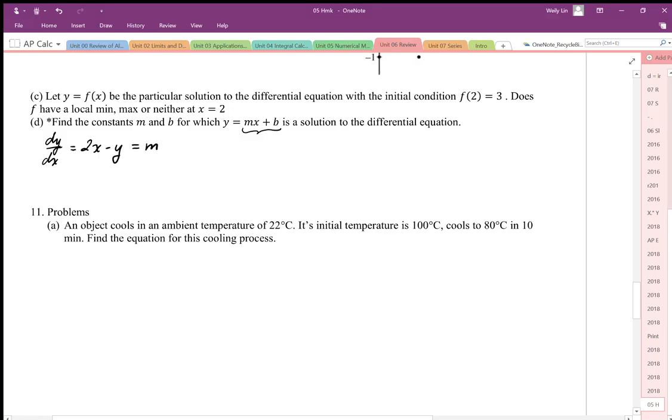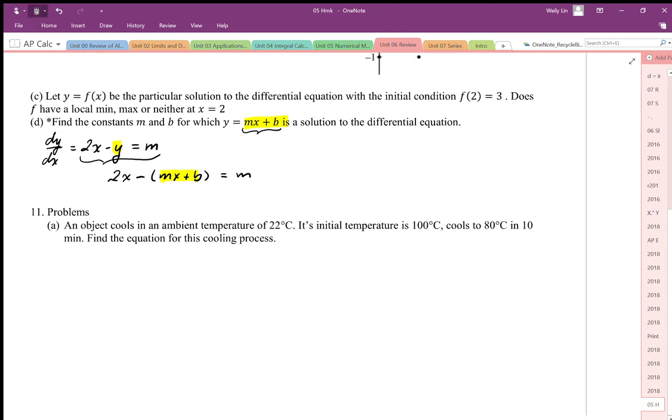First, we're going to come up with the relationship that the differential equation is equal to m, the slope. The other thing is we can also substitute the y expression, which is mx plus b, into that same expression. So mx plus b is going to be that y, which is what we've substituted here.